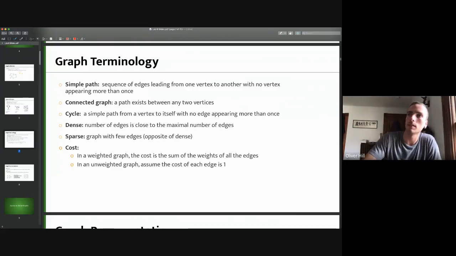Dense means the number of edges is close to the maximal number of edges. Can someone give me the big O estimate on the possible number of edges in a graph? Yeah, V squared. Right.